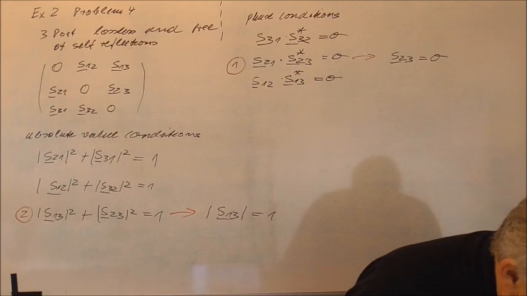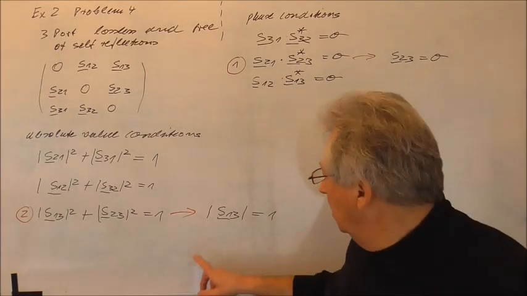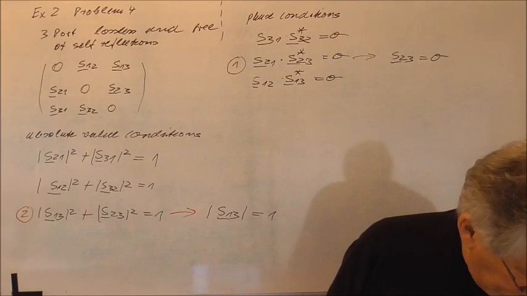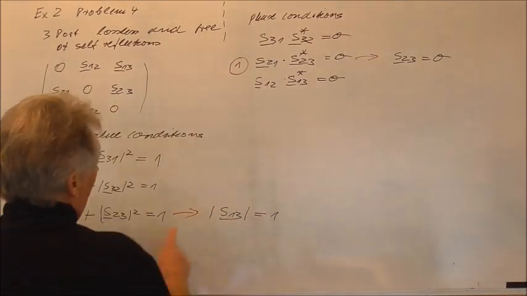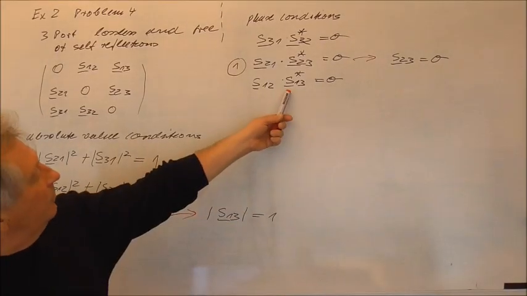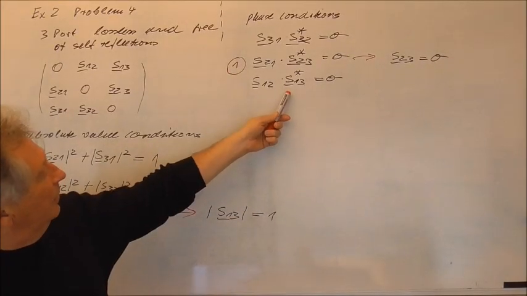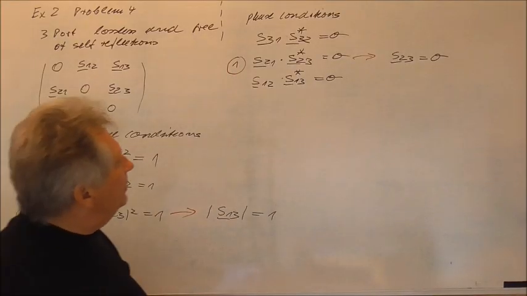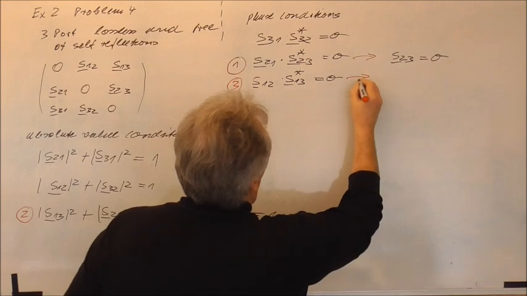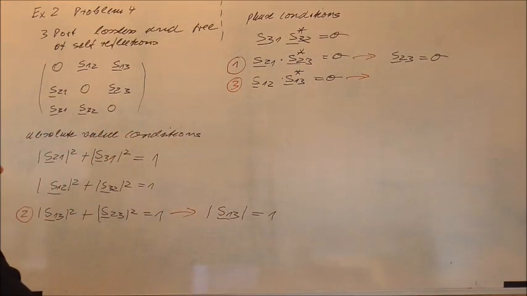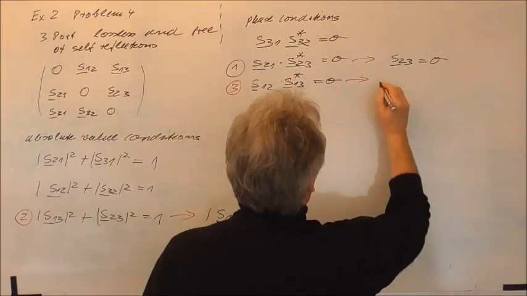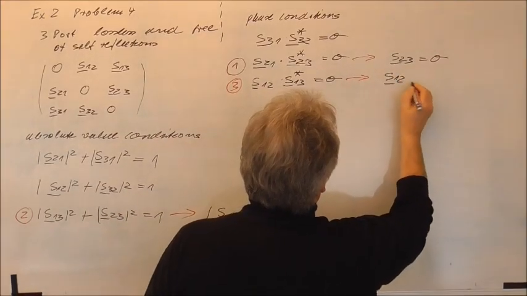Now I must have a look where we are now. S13 must be 1. So, if S13 is 1, then from this we will find in the third step that S12 must be 0.